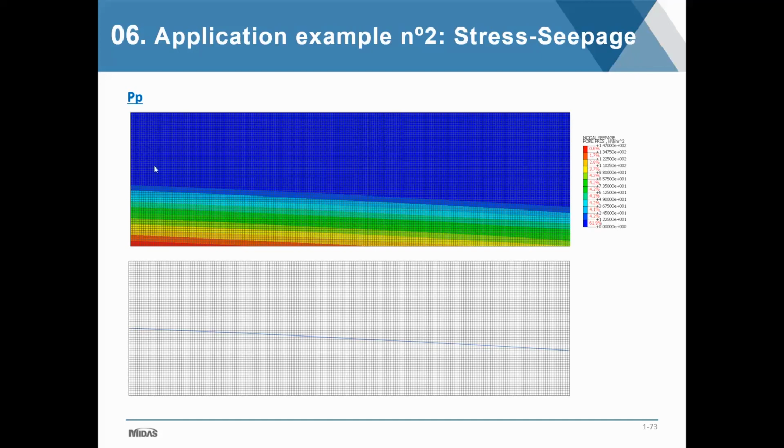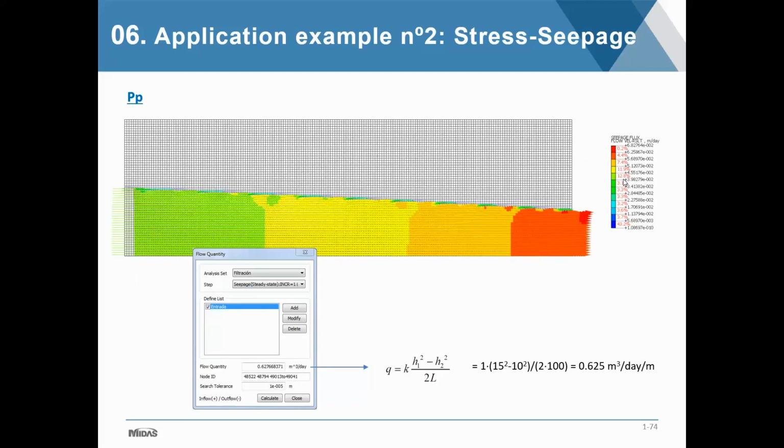We see the distribution of the pore stress as we expect, 15 on one side, 10 on the other, and here's the water line. And then looking here at the flow, the seepage flow with vectors, we can use a function in Midas called flow quantity, and I can select all the nodes on my left side face, and it'll let me estimate the flow quantity.